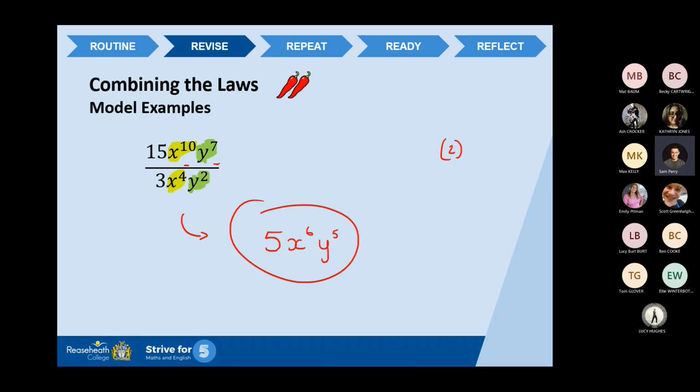About 30 seconds left. So give you chances to check everything or have a drink or whatever you need to do. Have a little breather.